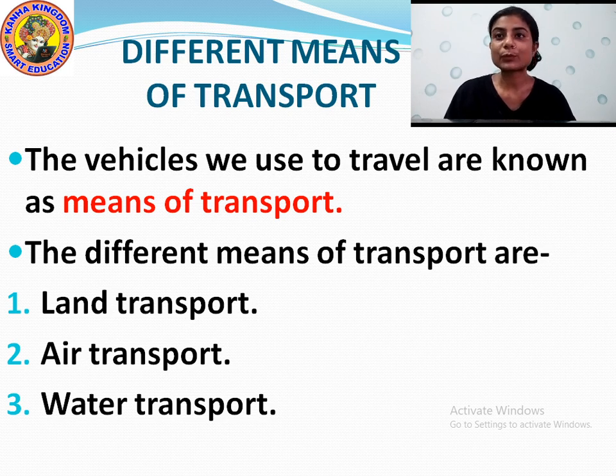The vehicles that we use to travel from one place to another are called means of transport. And there are different means of transport: land transport, air transport and water transport. Understood?